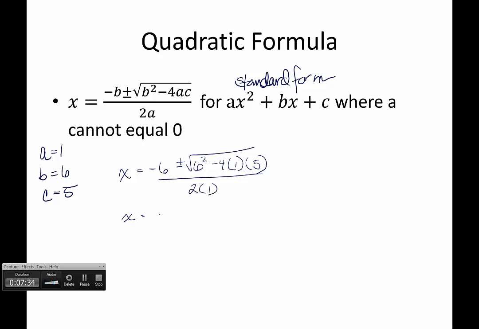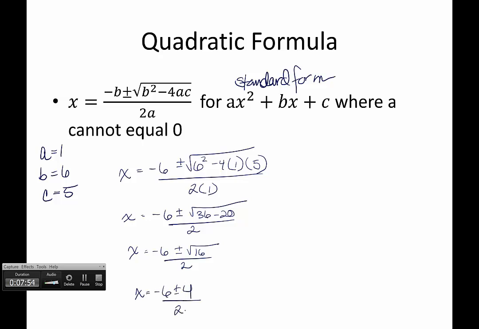X equals negative 6 plus or minus the square root of 36 minus 20, all over 2. X equals negative 6 plus or minus the square root of 16, all over 2. X equals negative 6 plus or minus 4, all over 2.